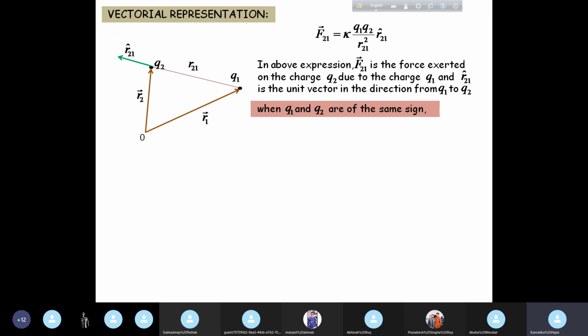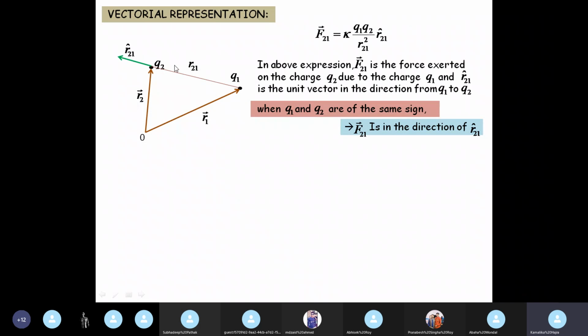When q1 and q2 are of the same sign, either both are plus or both are minus, then F21 will be in the same direction as r21. So the sign of F21 will be the same as that of r21, and the force will be in the direction of r21.